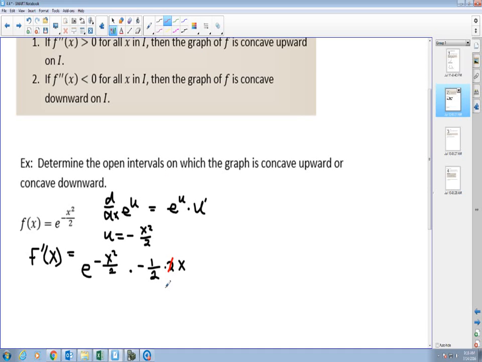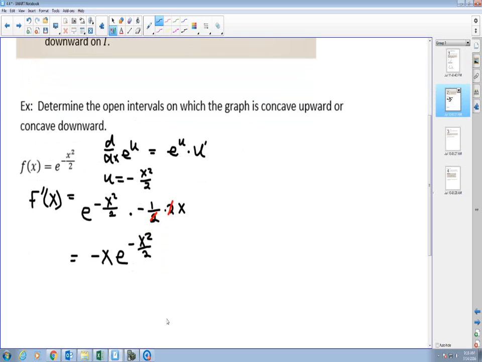If I simplify, the 2 cancels out, and that just leaves me with negative x times e to the negative x squared over 2. So that's f prime. If I set this equal to 0, I can find my critical point.